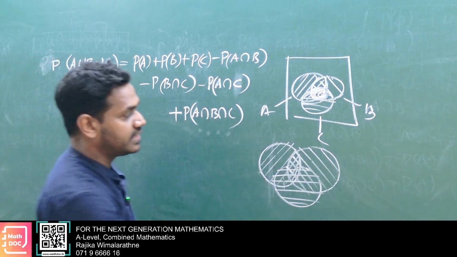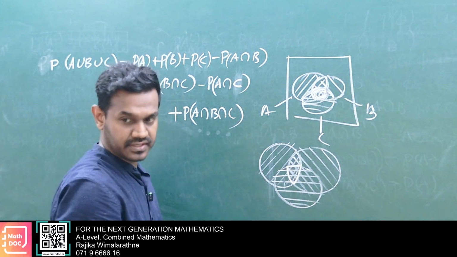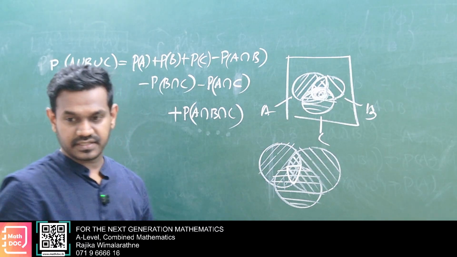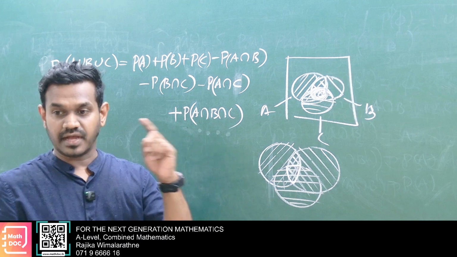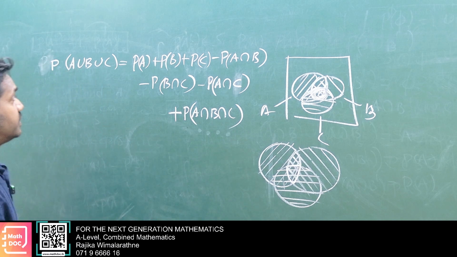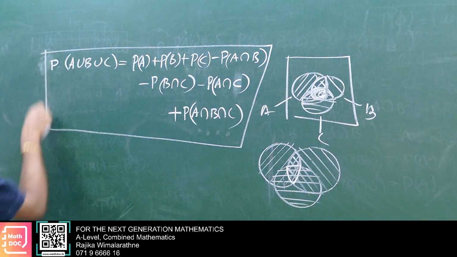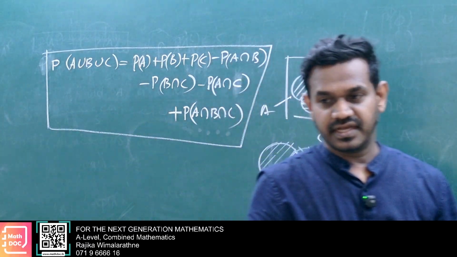If you remove them, this part A ∩ B ∩ C is completely gone, no? Thereafter you have to add it again. So this is another important formula. I haven't given that there. You better write this formula as a theorem.